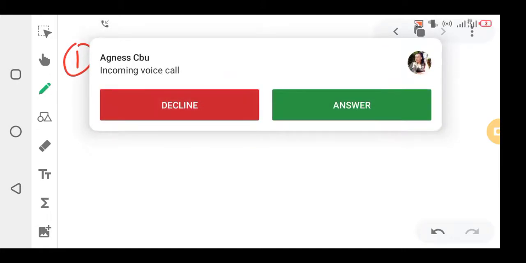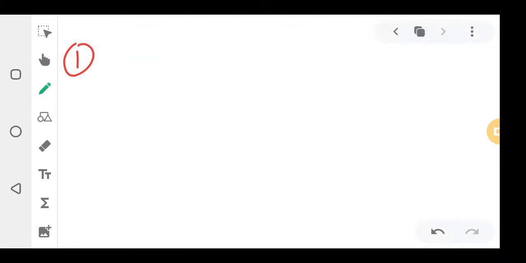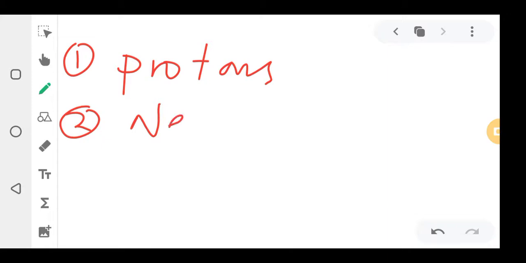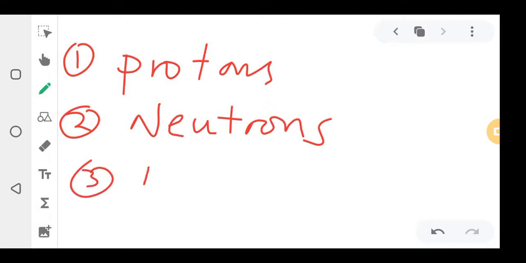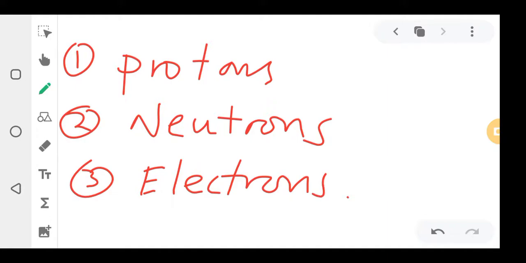The first one is protons, the second is neutrons, and the third is electrons. These are the three particles that make up an atom.